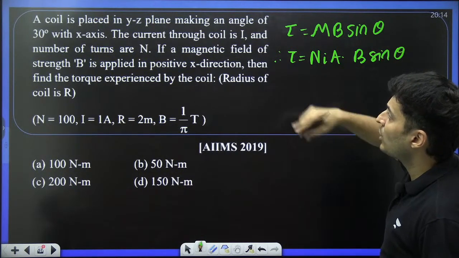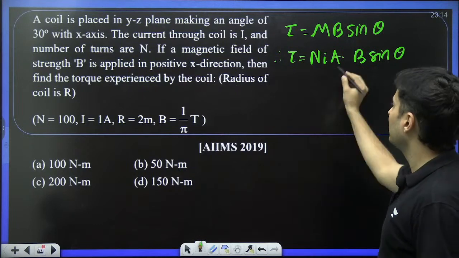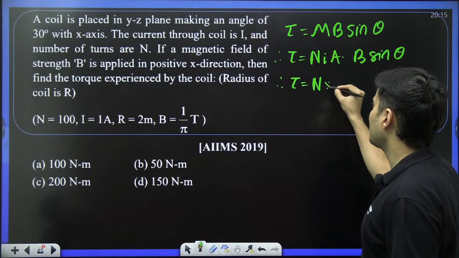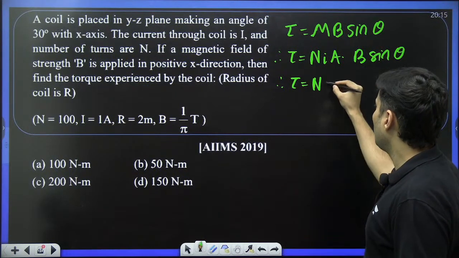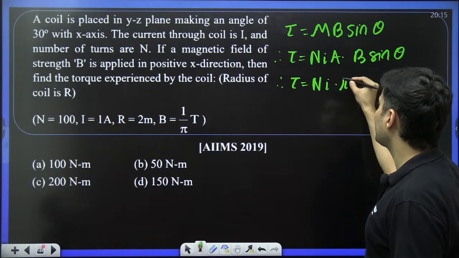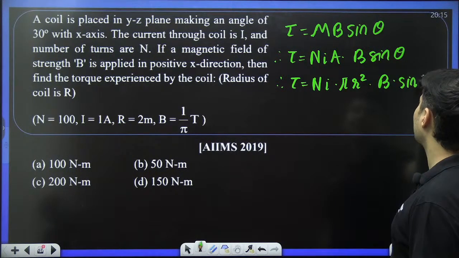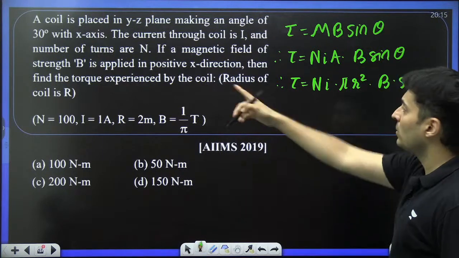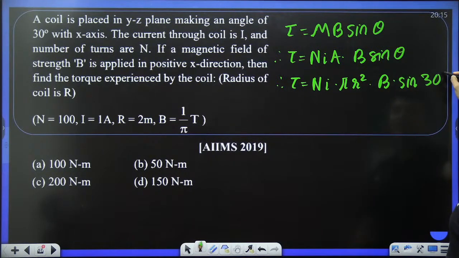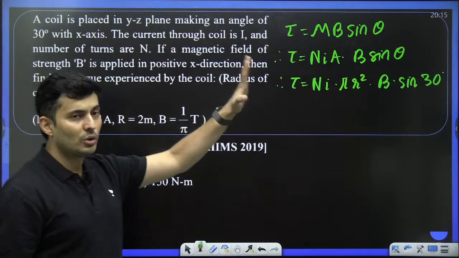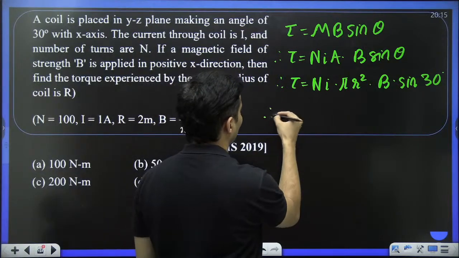This is a circular loop coil, radius is given, so I can further simplify this as number of turns into current into area, pi r square, into B into sin theta. In fact, theta is also given to me. Theta is basically 30 degrees. Now everything is given, substitute, you will get the answer. There is nothing great about this now.